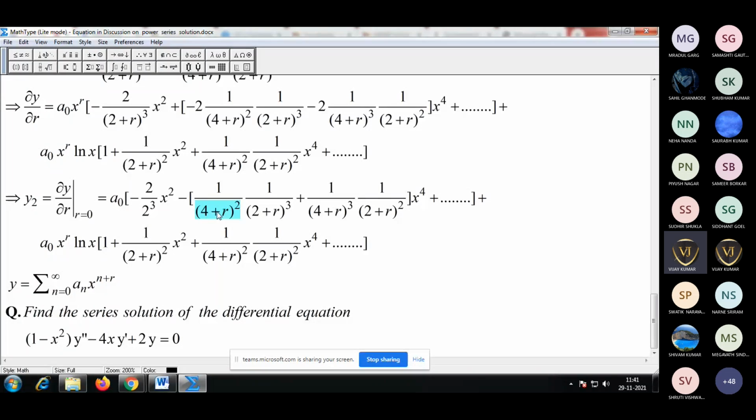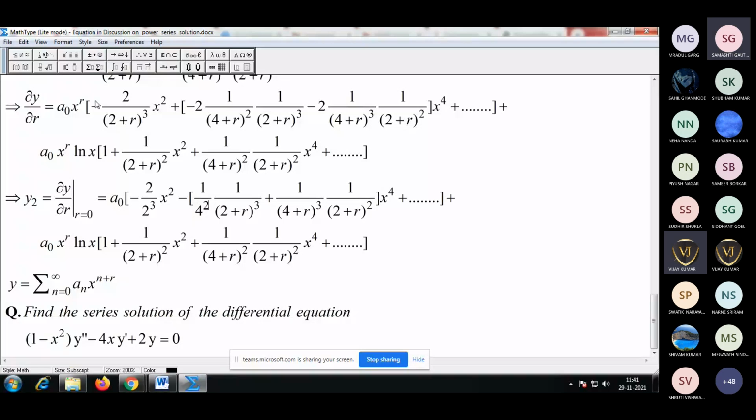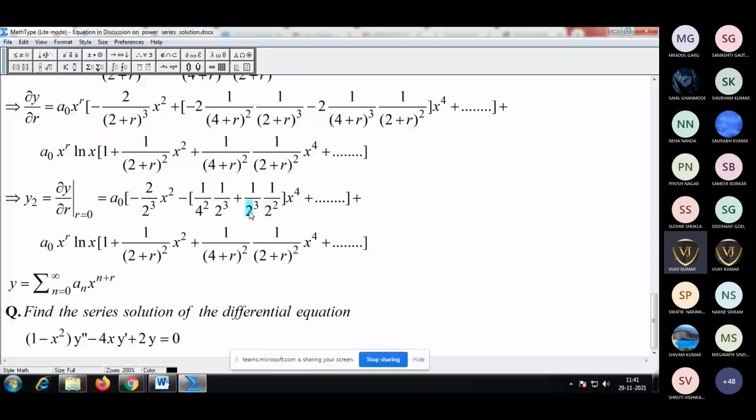r is 0, it means 4 square. Here 2 to the power 3, then 4 to the power 3, and 2 to the power 2, and 4 to the power 3, like this one, and so on.